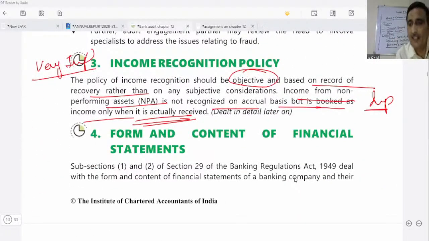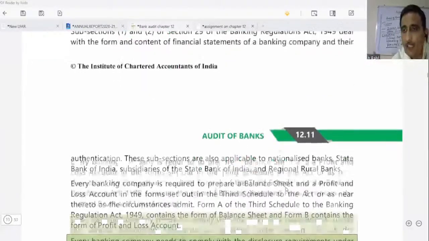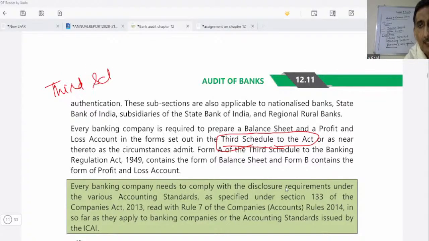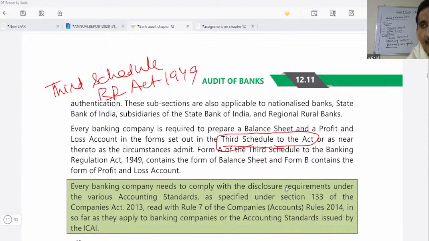Now, form and content of financial statements. Financial statements are prepared in accordance with the Third Schedule to the Banking Regulation Act, 1949. And it has to be in Form A, balance sheet, and Form B, P&L.